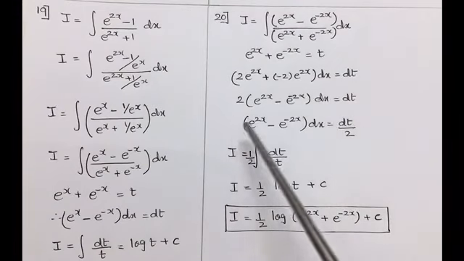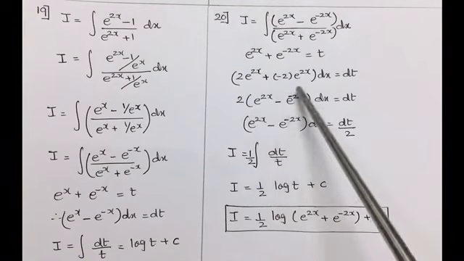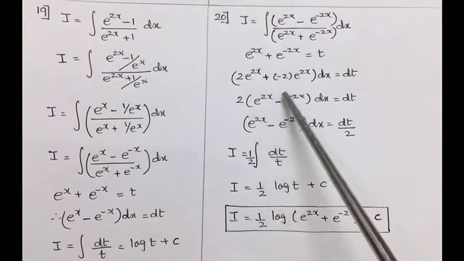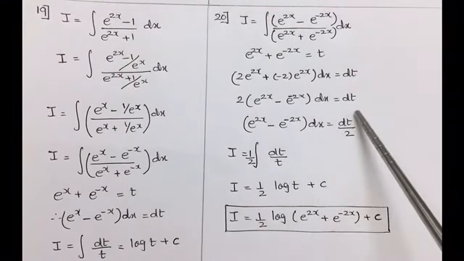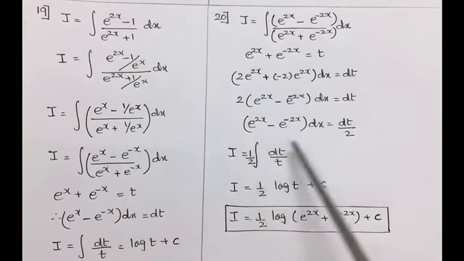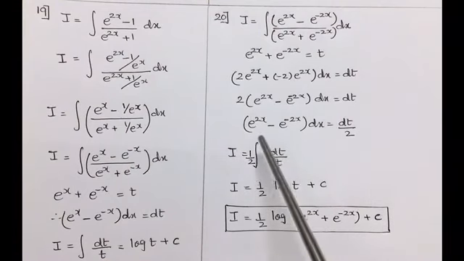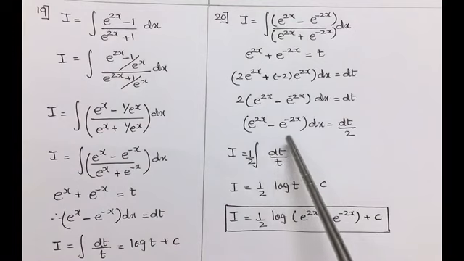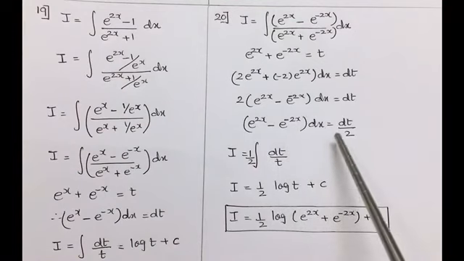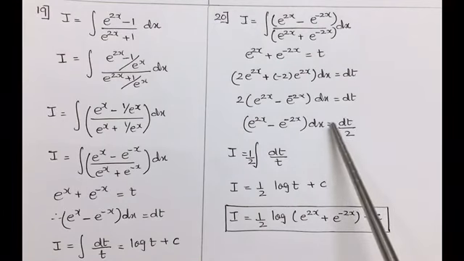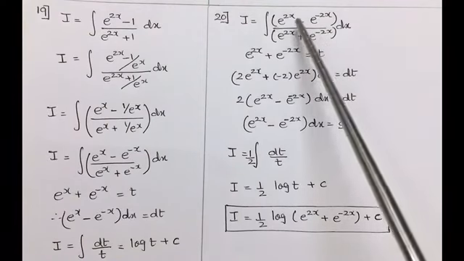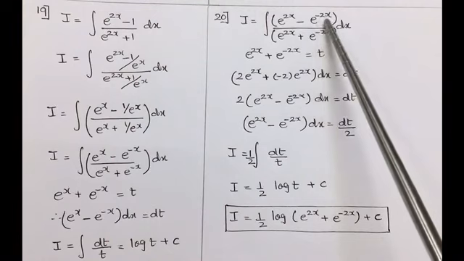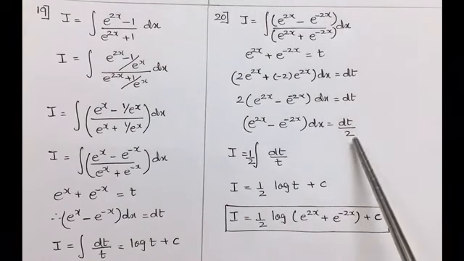Now taking 2 common and simplifying this bracket, we get 2 times e raised to 2x minus e raised to minus 2x dx is equal to dt. Taking the constant to the other side with the t part, we get e raised to 2x minus e raised to minus 2x dx is equal to dt by 2. Now keeping all the values in the question, for e raised to 2x minus e raised to minus 2x dx, we keep dt by 2.